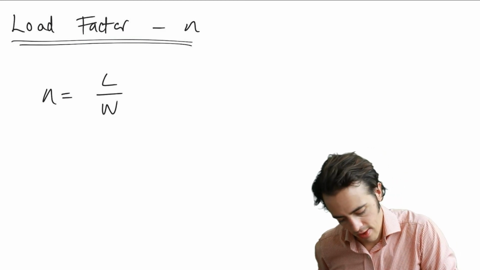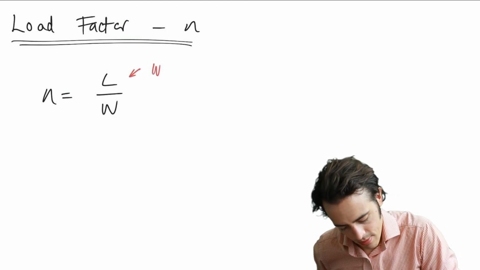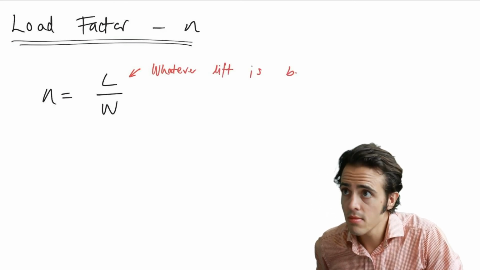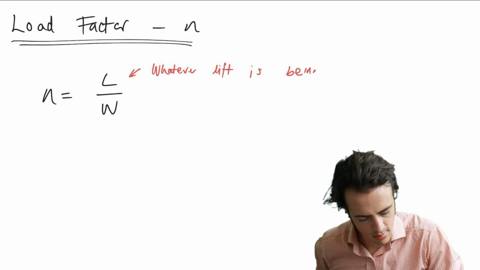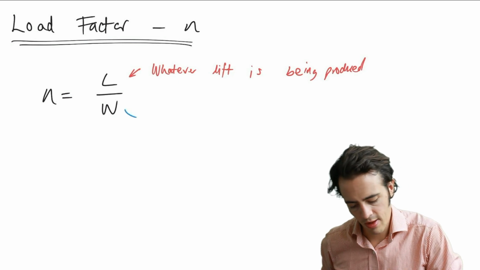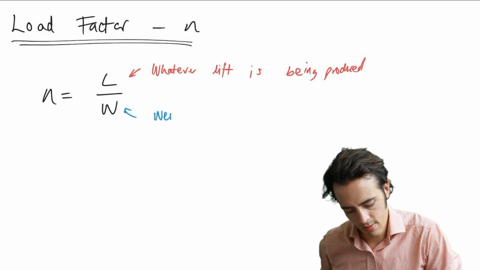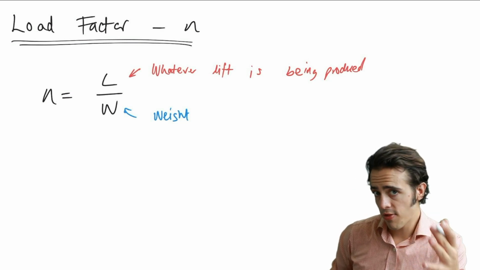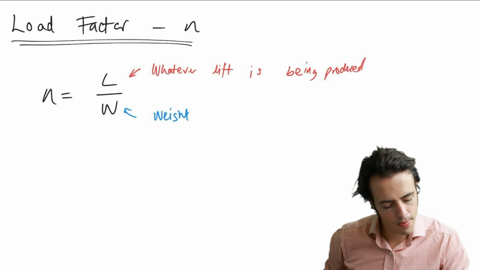This is the lift that's being produced, and then on the bottom we just have the weight of the aircraft. So we can probably appreciate that in steady level flight n has to be equal to 1.